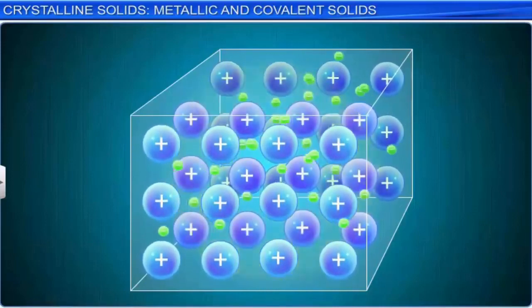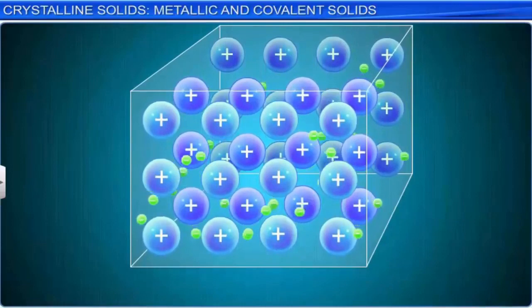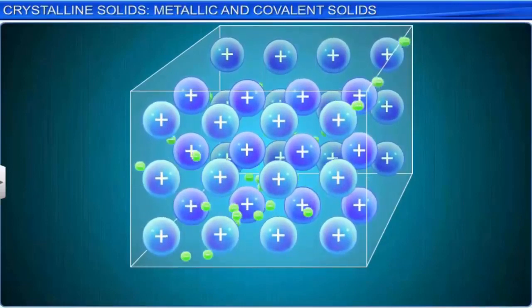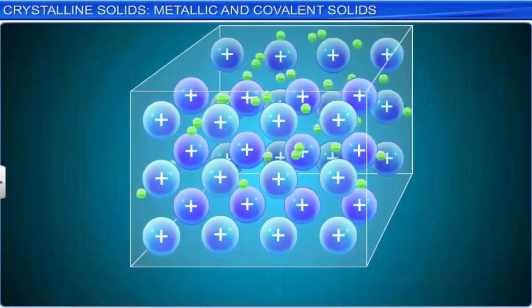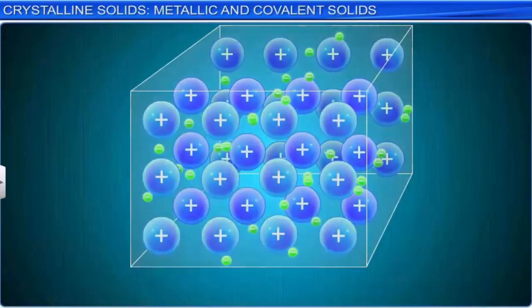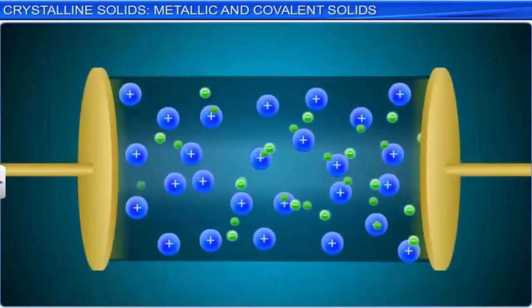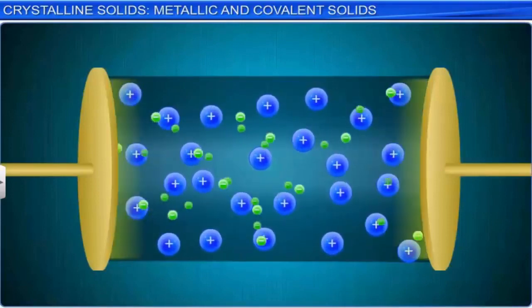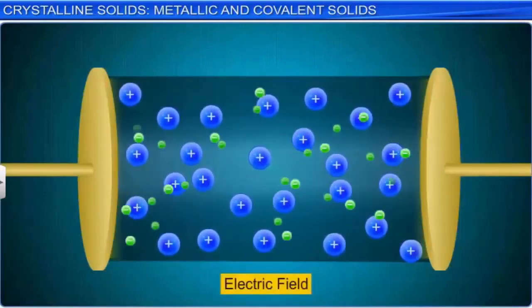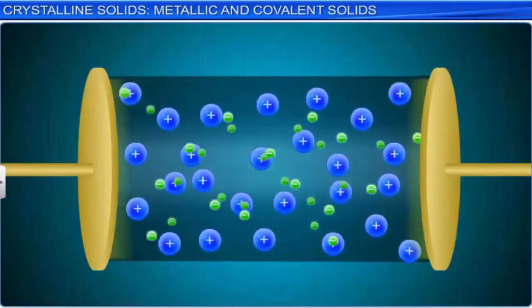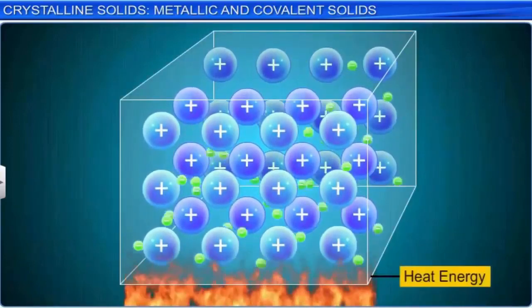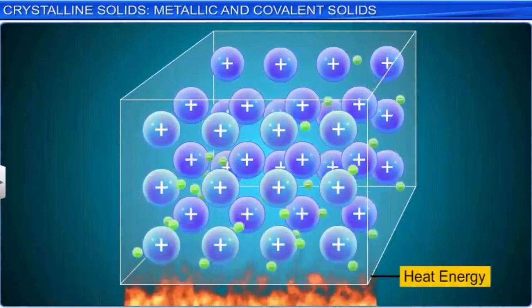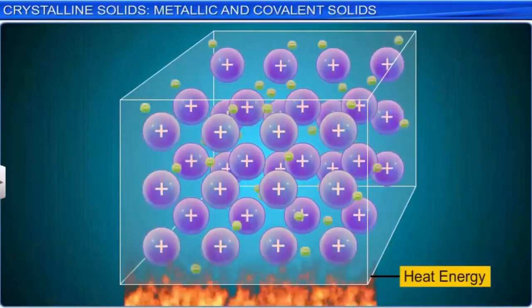These free and mobile electrons make metallic solids good conductors of electricity and heat. The electrons flow through a network of positive ions when an electric field is applied. Similarly, when heat is supplied to one corner of a metallic solid, the free electrons spread the thermal energy evenly throughout the solid.